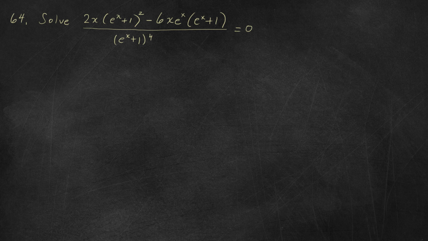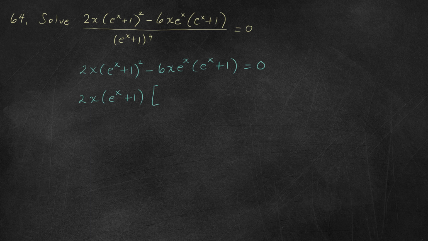So to solve this, we can start by just setting the numerator equal to 0. So 2x times e to the x plus 1 squared minus 6x e to the x times e to the x plus 1 equals 0. Now I'm going to factor out what they have in common. We can factor out 2x times e to the x plus 1.